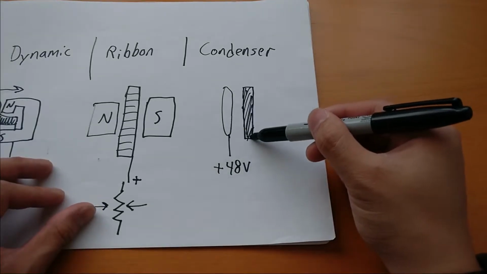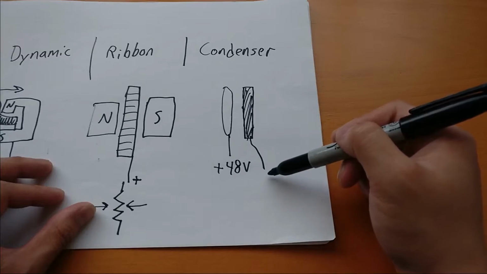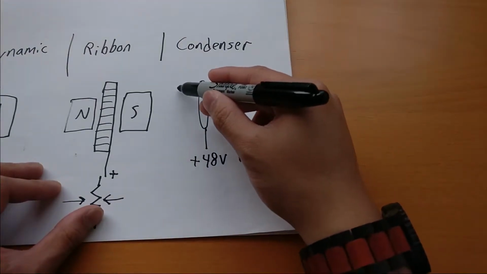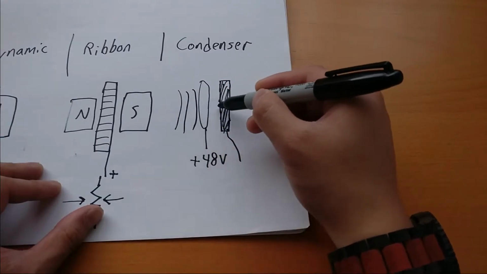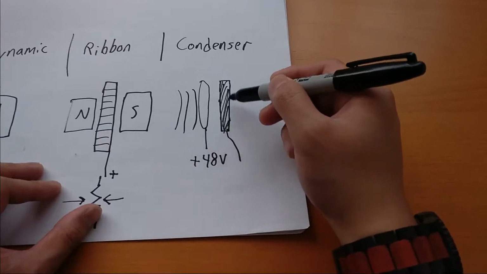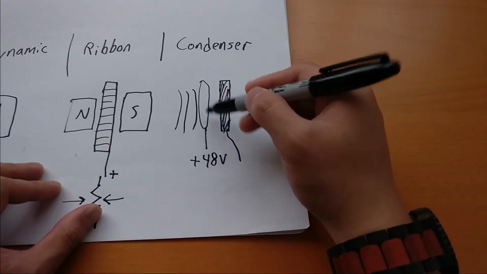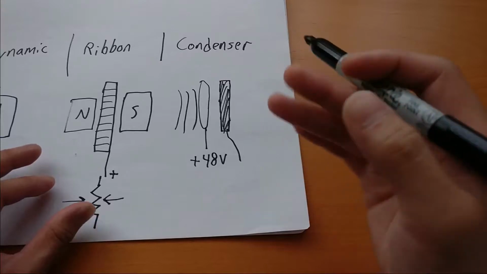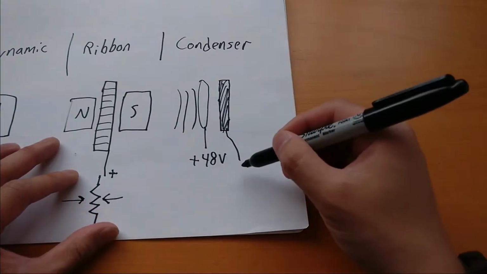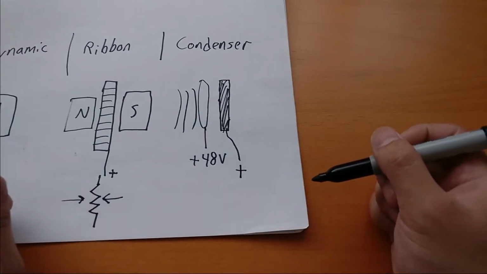This backplate will also get a signal there, and because in this case sound will hit this diaphragm, it will interact with the capacitance between this charged backplate and this charged diaphragm. So it's a little bit similar to an electrostatic design, actually very similar. So you get your signal there.